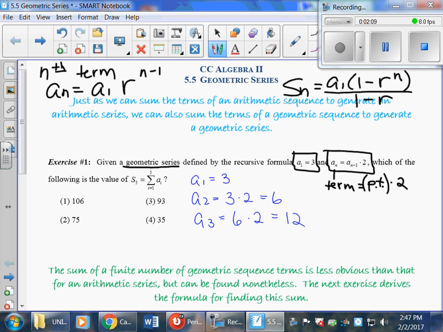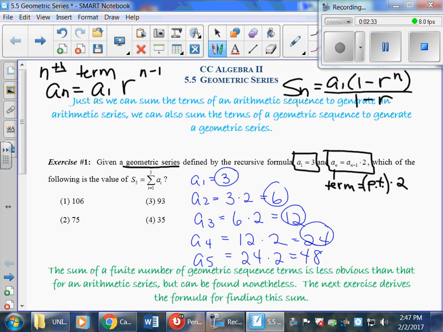And here, oh no, I'm sorry, it's up to 5, so I need to find the next 2. A4 is the previous term times 2, and A5 is the previous term times 2. If we add those up, 3 plus 6 plus 12 plus 24 plus 48, we get 93.